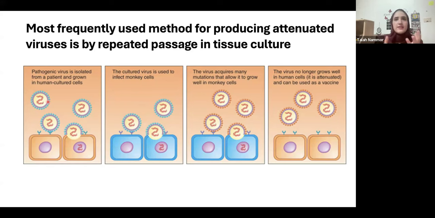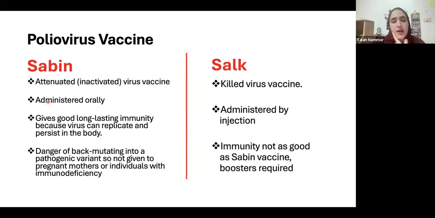Then they take the cells and infect another monkey, and another monkey, and another, until the virus is exhausted. It's attenuated, it no longer has its weapons, it's used all its weapons. This is how they usually make attenuated viruses.